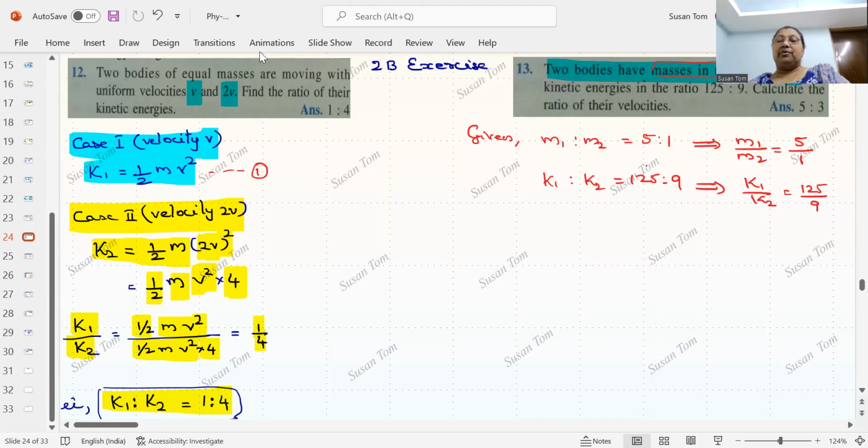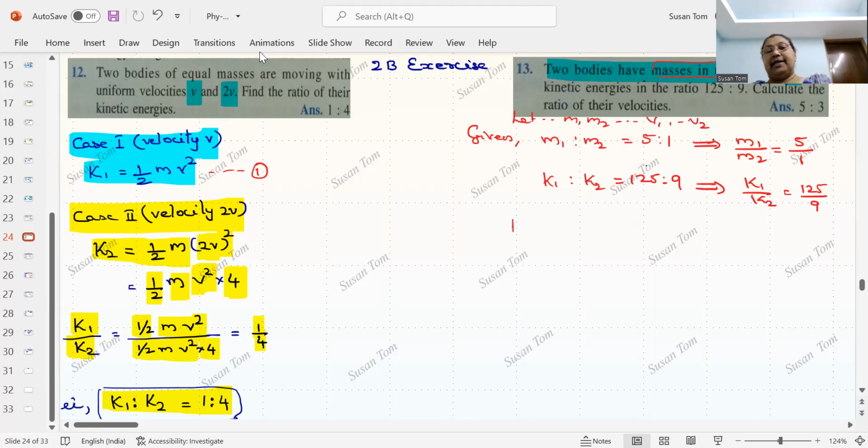Okay, so we know the two bodies with certain masses m1 and m2, they will have certain kinetic energies and velocities v1 and v2. So we are assuming that m1 and m2 are the masses and v1 and v2 are their velocities of the two bodies.